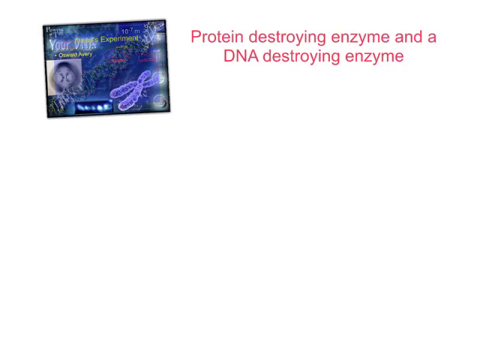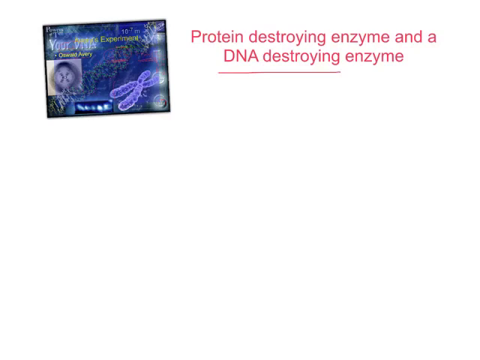What he was able to do is he took a protein-destroying enzyme. Remember, enzymes can do catabolic reactions, and if you add them in the right place, they can tear things down. They aid in chemical reactions. So he takes a protein-destroying enzyme, and he also takes a DNA-destroying enzyme. Okay, so those were his 2 different groups that he used. And he wanted to see if transformation, the thing that Griffith observed, would still occur.